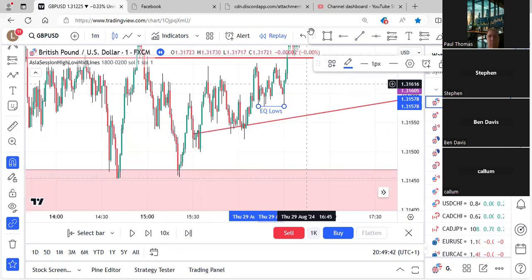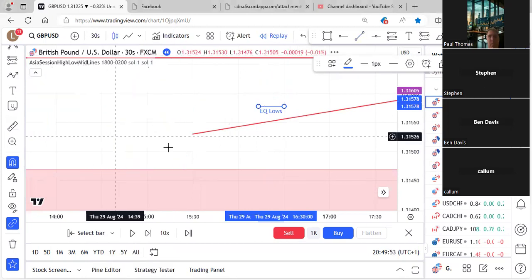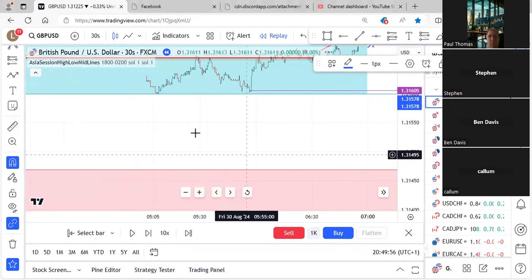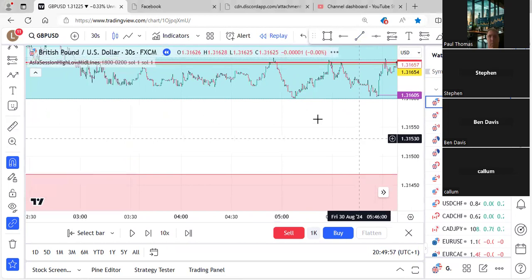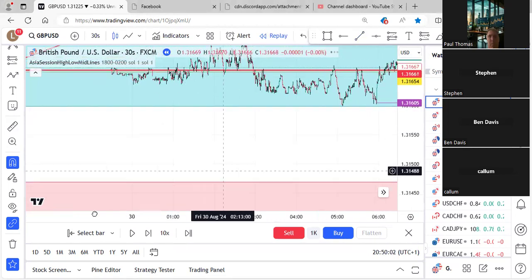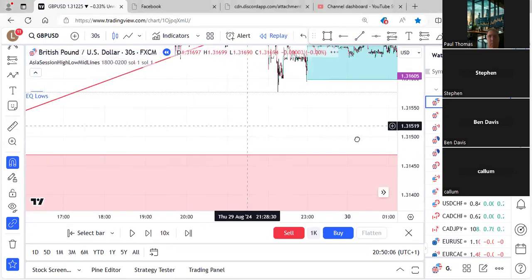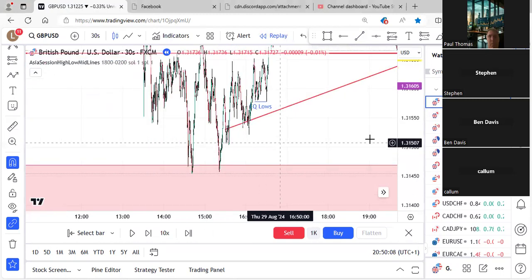I think I've said on the last few lives, obviously targets are super important, just as important as your entry. 2 seconds, Stephen, I'll get to your question. Obviously, you've got practical equal lows on the bottom of the Asia. Good sign that it would want to bypass the midline. Some equal lows there.